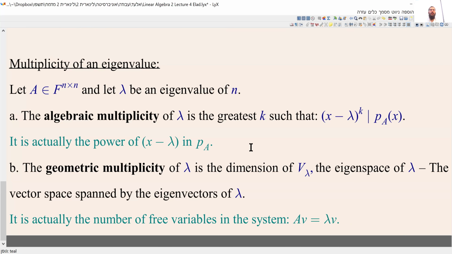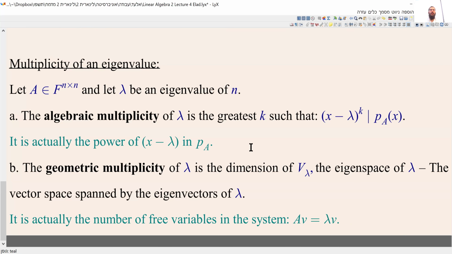The algebraic multiplicity of the eigenvalue 0 is 2. And the algebraic multiplicity of the eigenvalue 15 is 1.